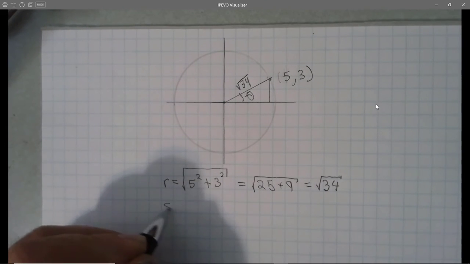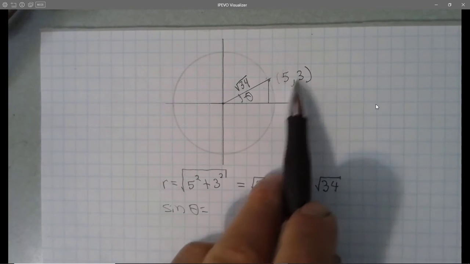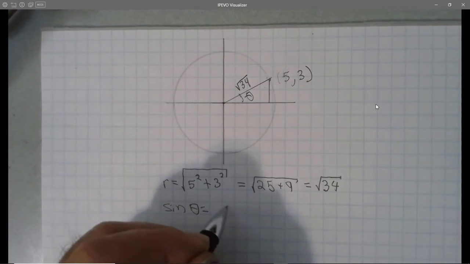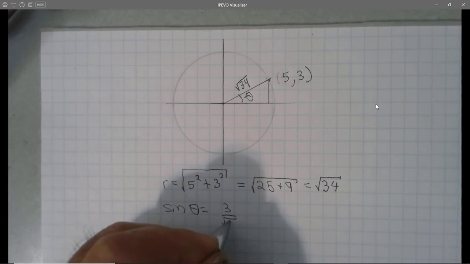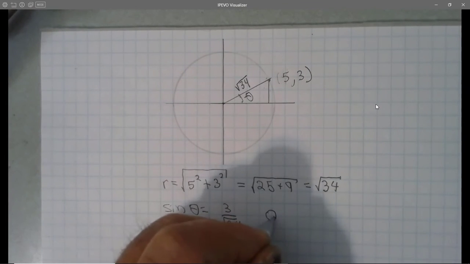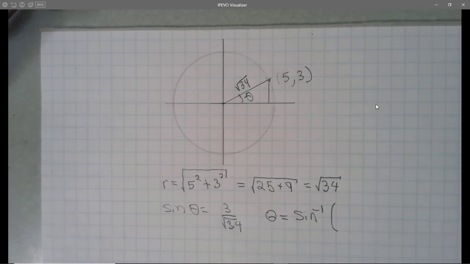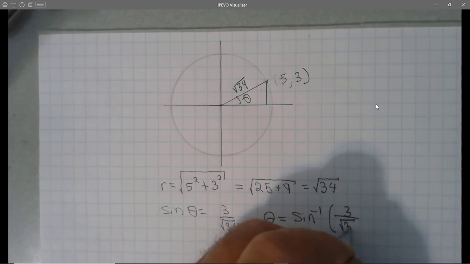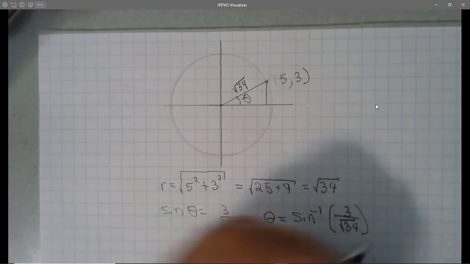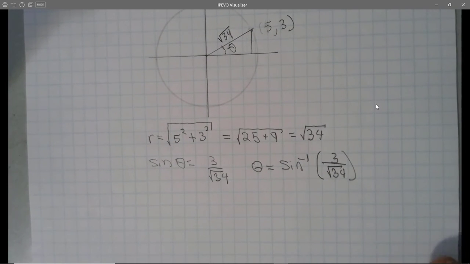So that tells me immediately that the sine of theta, for instance, is the opposite, that's the height, 3, over the hypotenuse, root 34. And therefore, theta is the inverse sine of 3 over root 34. And if you want an exact value, that's a perfectly good one right there.